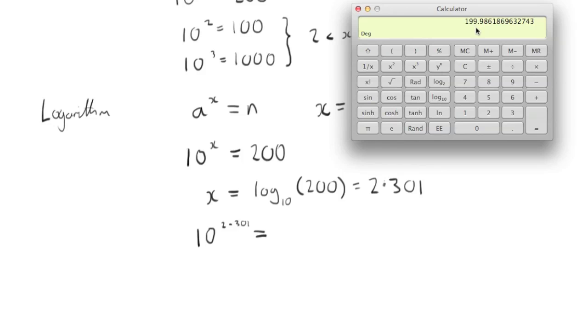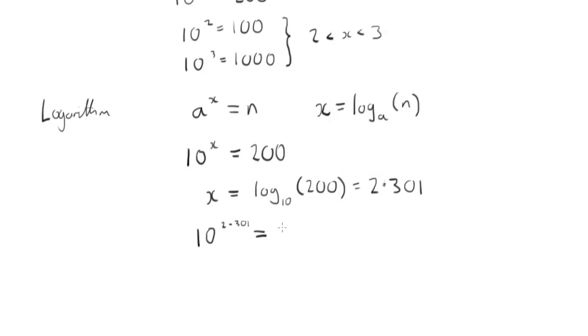We were expecting 200, but we haven't quite got 200. The reason for this is that the 2.301 was truncated. I wrote down 2.301 to 3 decimal places, and when you raise numbers to a power, the error is increased. So 199.986 is close enough to 200, so that checks, and 2.301 was indeed the correct solution.